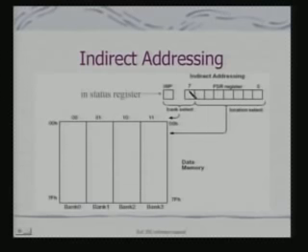The bank select is via the IRP bit, which is part of the status register, and the 7th bit in the FSR register. The remaining 7 bits are used for selecting the offset in the bank. Now once you have loaded the FSR register with this value, you need to access the INDF register.